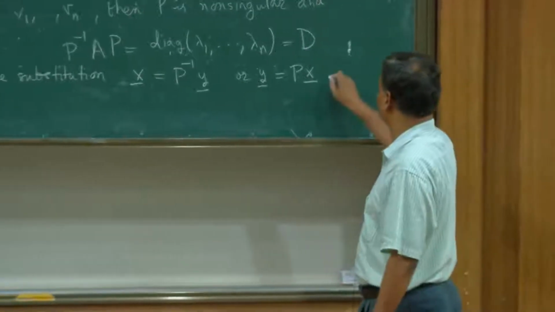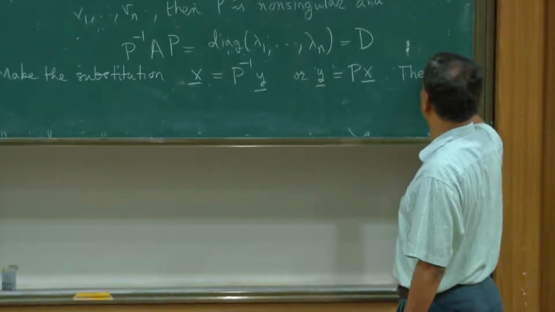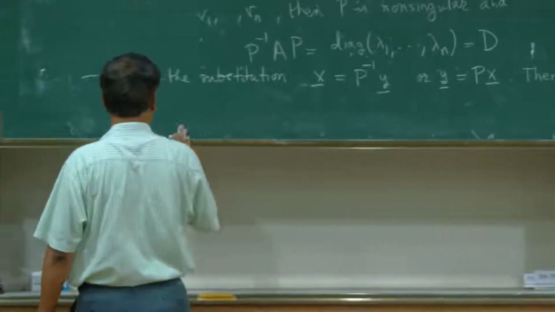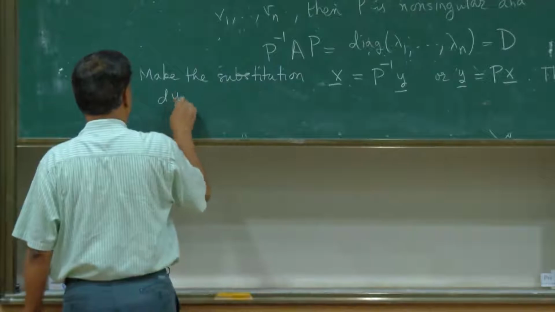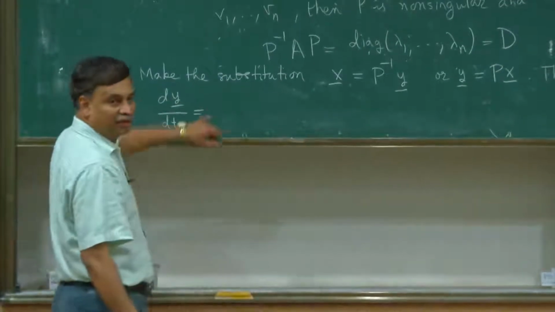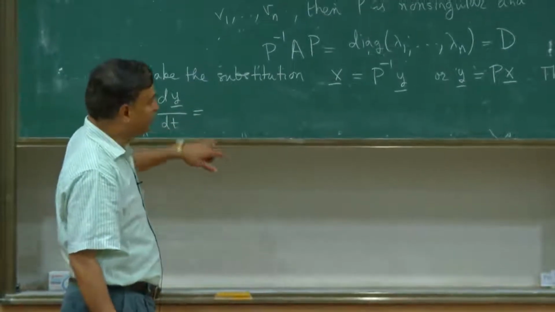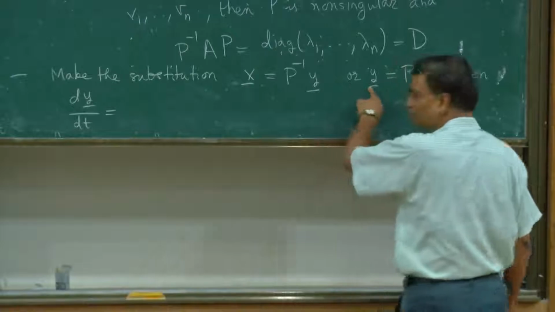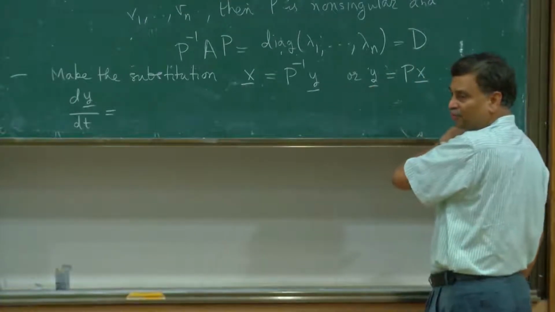Yeah. Then what happens to the differential equations? Then dy by dt, which is of course the vector dy1 by dt, ..., dyn by dt, okay, see this is a column vector of functions. This will be a new column vector of functions.